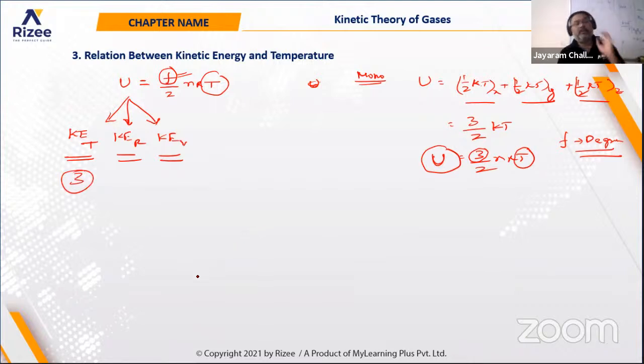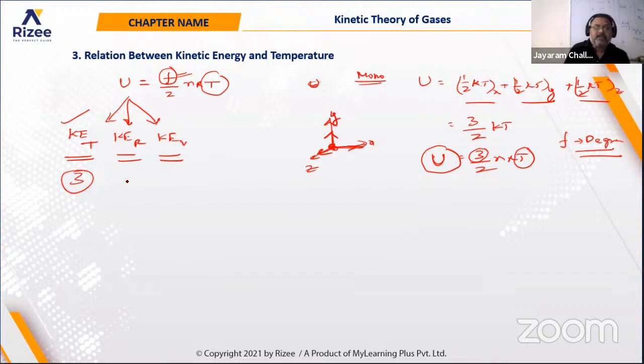That means the molecule can move along the X axis, Y axis, as well as the Z axis. The molecule can move in this direction freely, in this direction freely. So the free movements of this monoatomic molecule, where it can have the energy stored, is nothing but three ways, that is the translational kinetic energy.